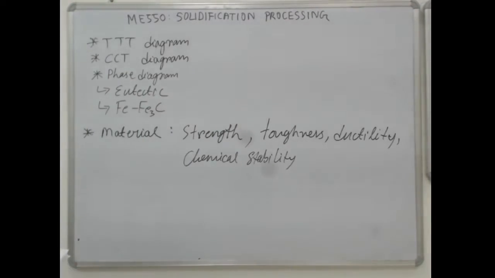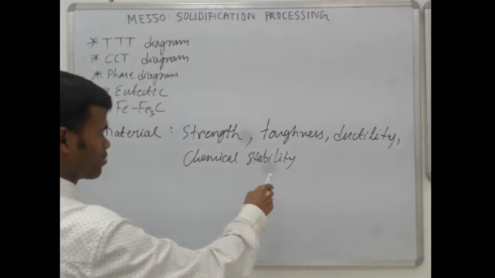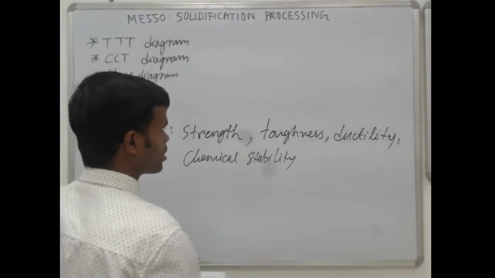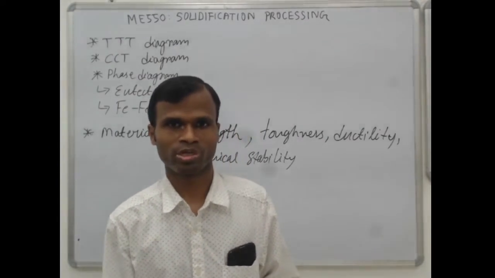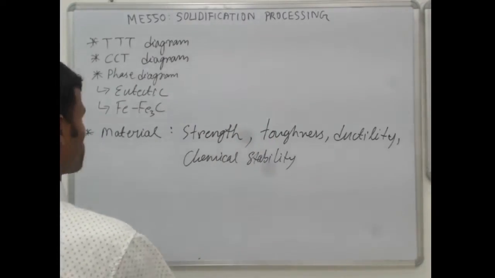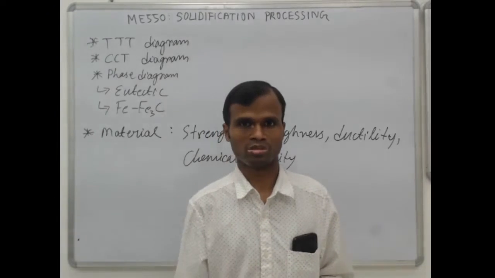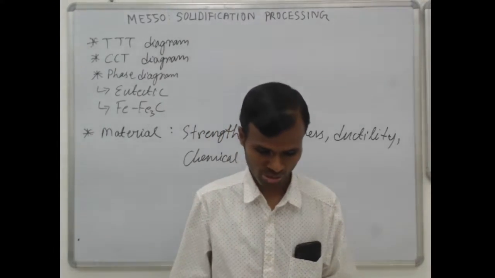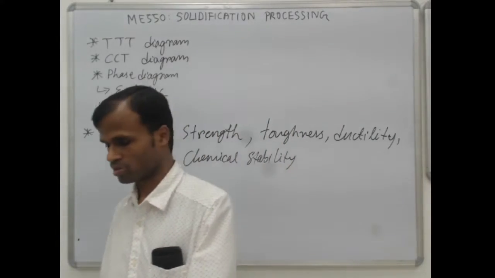Now these are the very basic properties. Of course, for a very specific application you may need some very specific properties in the material. Say for nuclear application you would be looking for good irradiation properties of the material, and there are many other very specific properties.